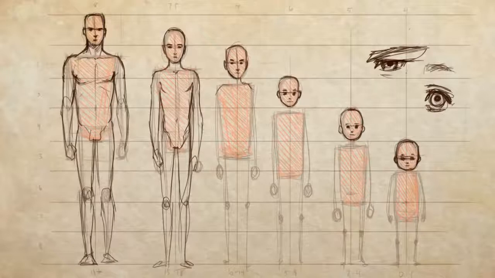Something I tend to do nowadays is to exaggerate the skinniness of the arms and the legs. And one of the reasons for this is, well, part of it is style. And the other thing is, what I noticed is I tend to make them too fat usually, or too thick.